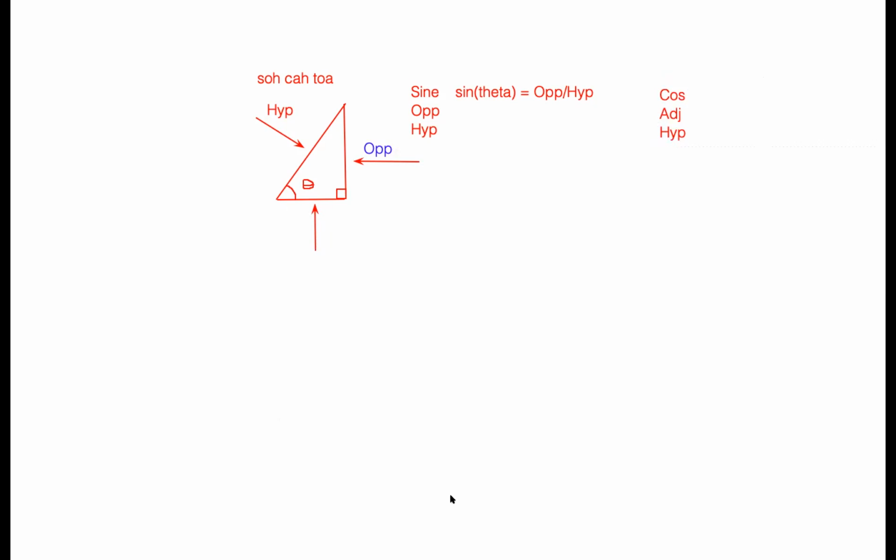So now for cosine, cosine of theta is equal to the adjacent over the hypotenuse. All right, the final relationship that we have in order to decompose the vectors is tangent.